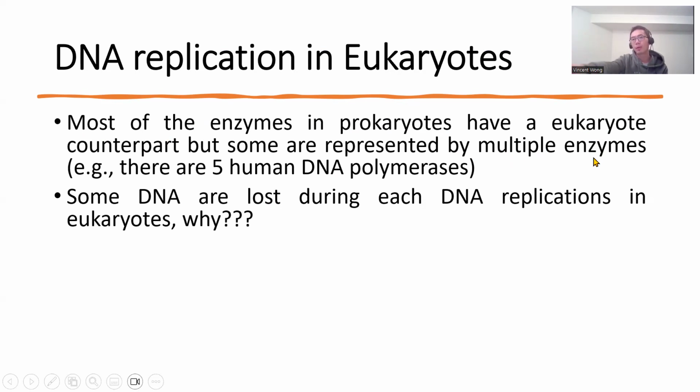So there's polymerase 3 and polymerase 1 in prokaryotes, but in humans, there are 5 different ones. Okay, which we're not going to learn all of. But some proteins have multiple counterparts. So that's the second difference.